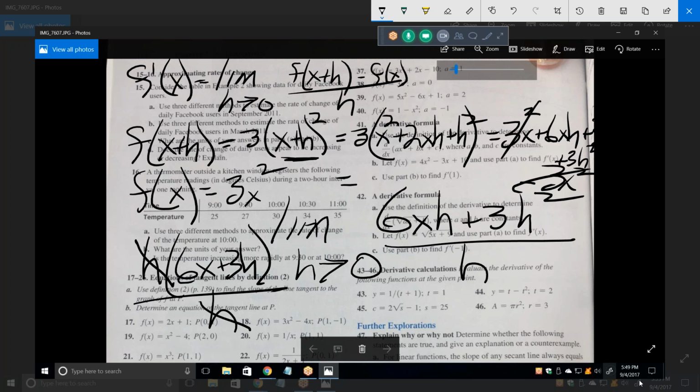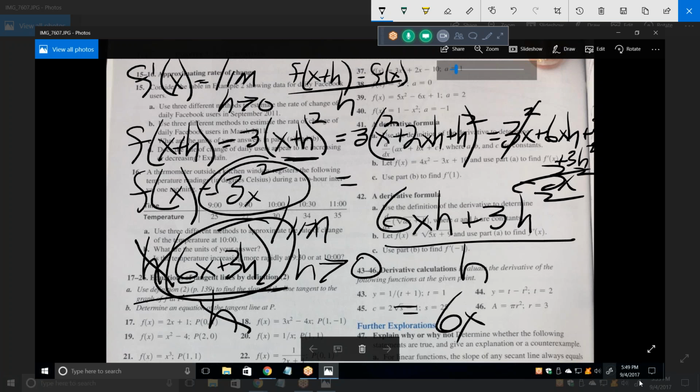Well, no, those cancel. Now what's the limit of that as h approaches 0? 6x, exactly. And that's what we knew it was all along, right? The power rule, that becomes 6x instantly. I just wanted to give you a little bit more practice with doing it the harder way.